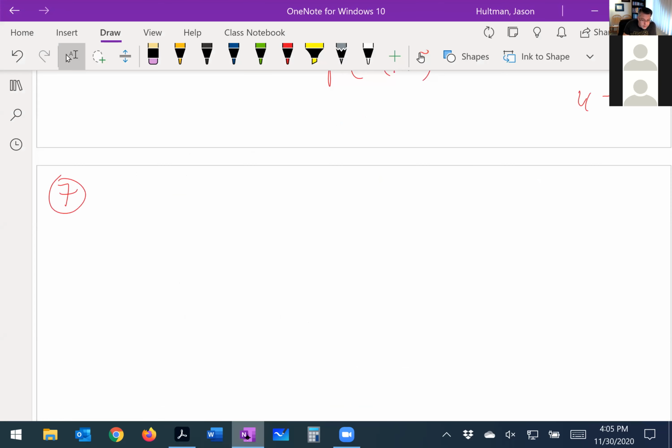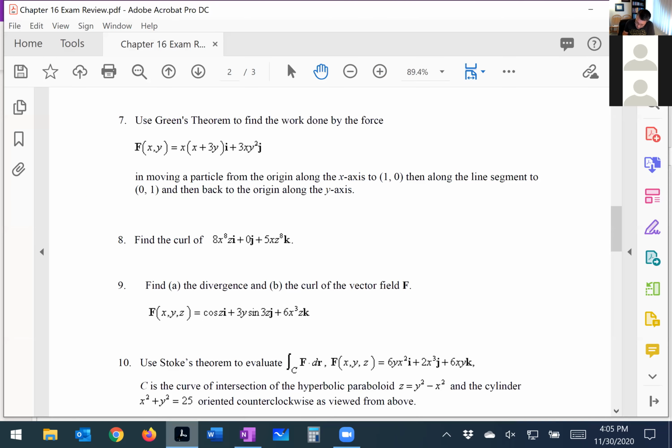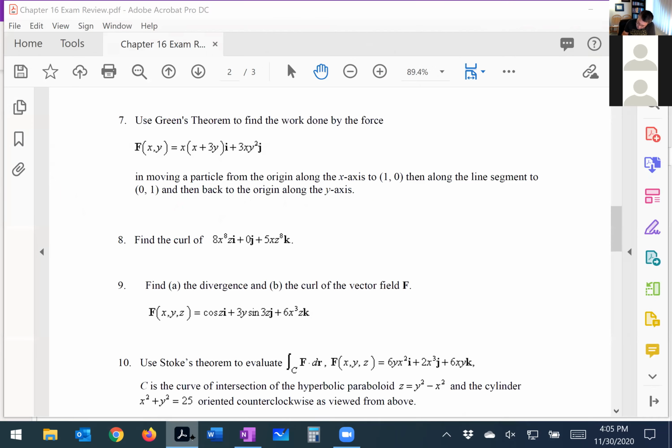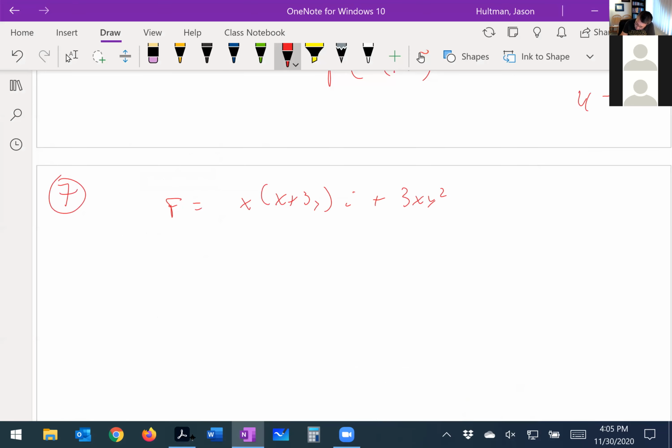We have F equals (x plus 3y) i plus 3xy squared j.